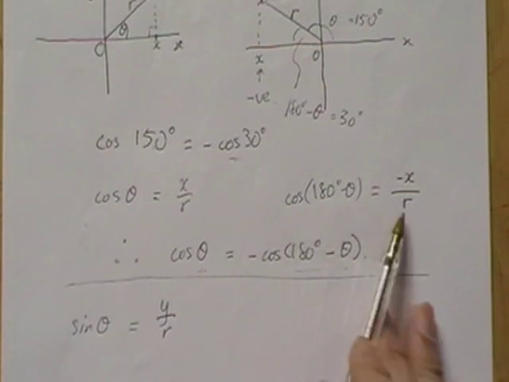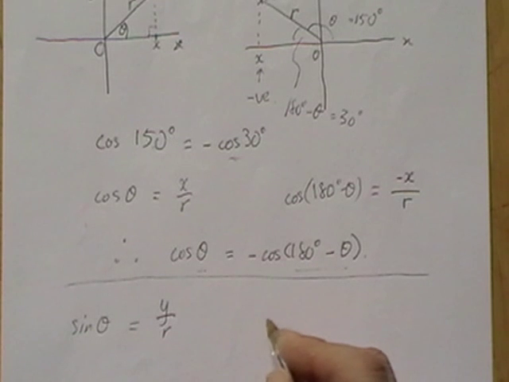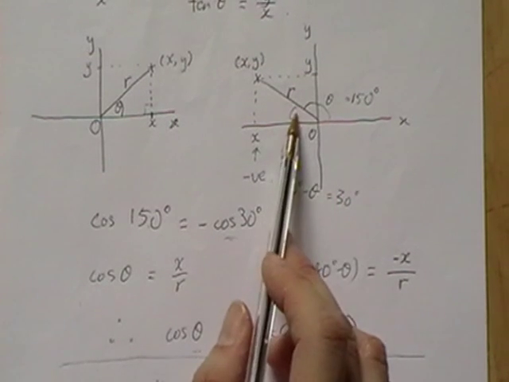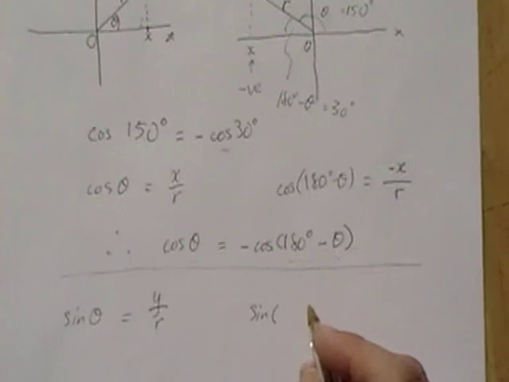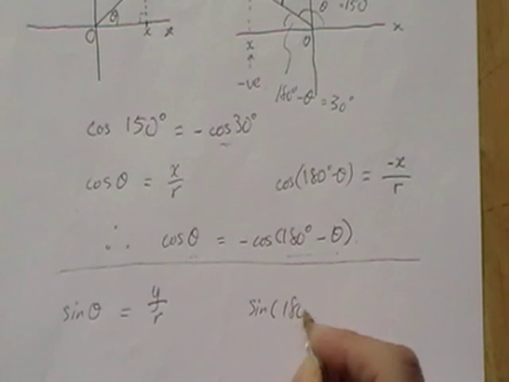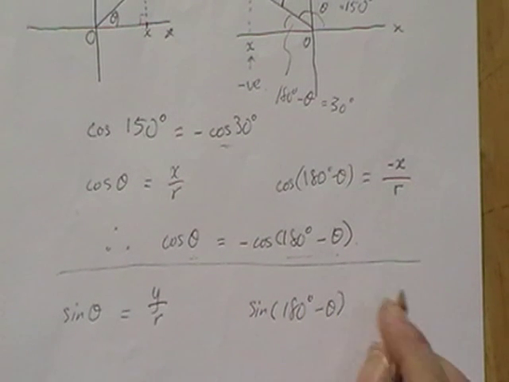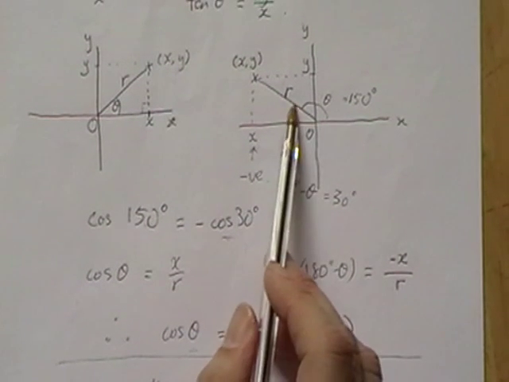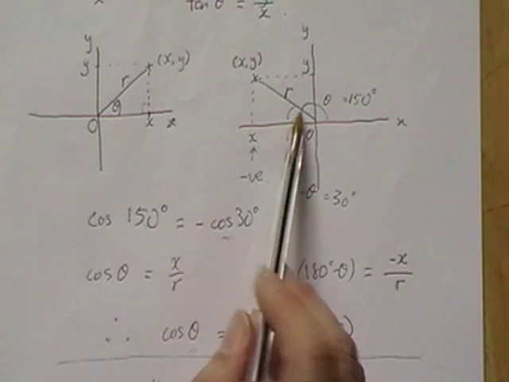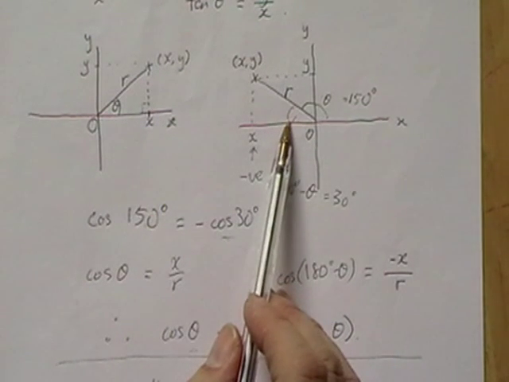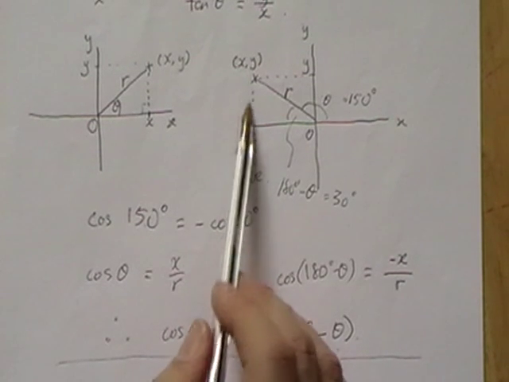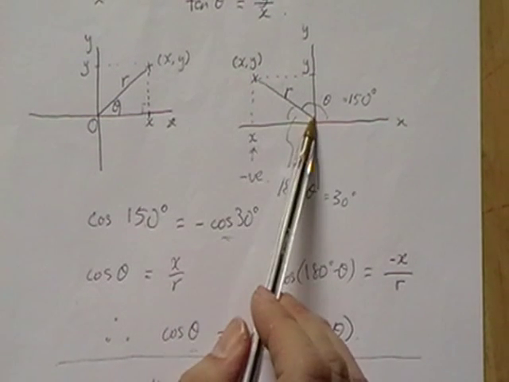Now, following the same idea, I want to know what is the sine of that acute angle. So that would be 180 degrees minus theta. Since this is the acute angle, I can follow the original meaning of sine and take the opposite, which is the vertical length, divided by r.